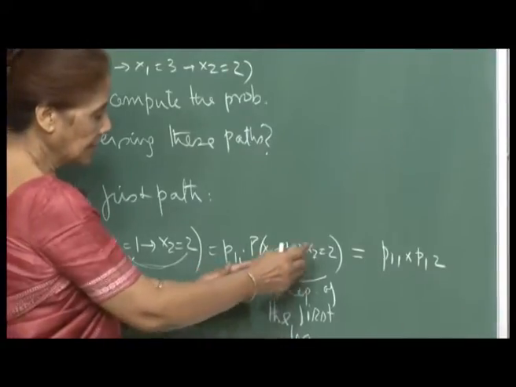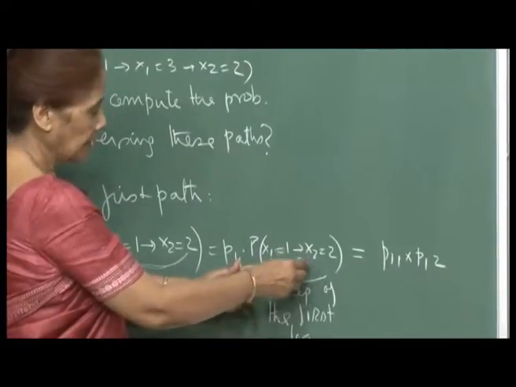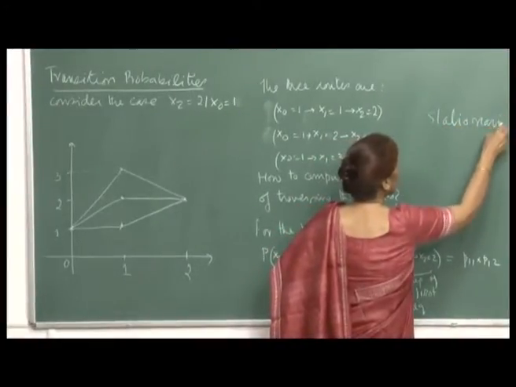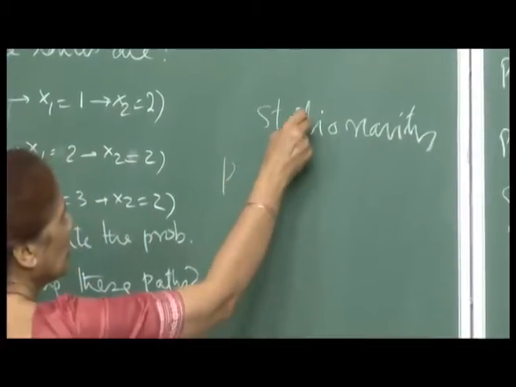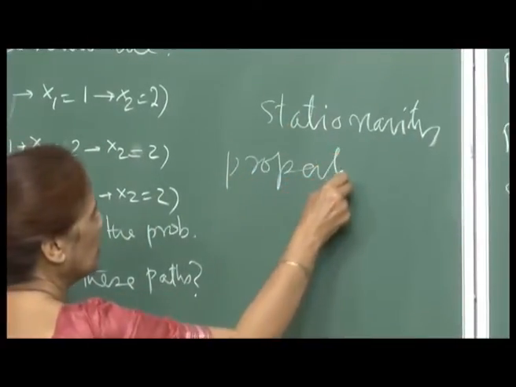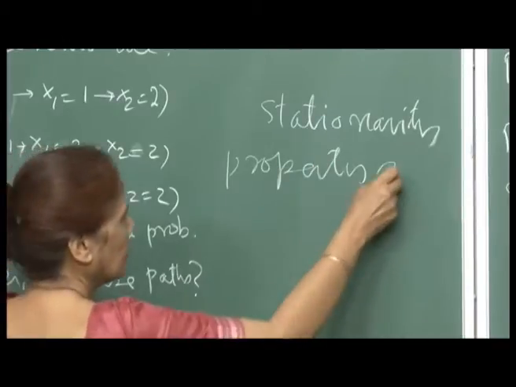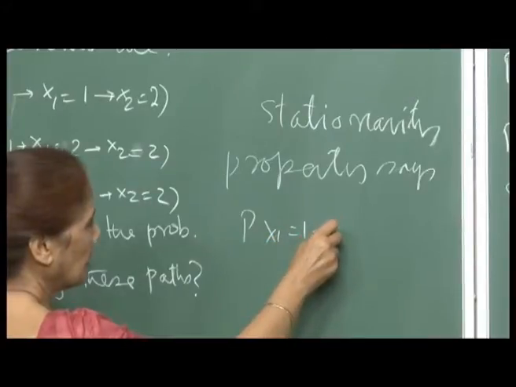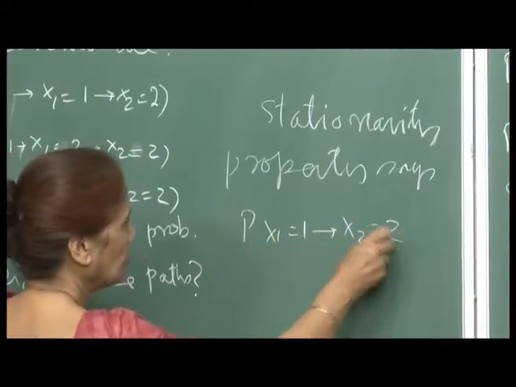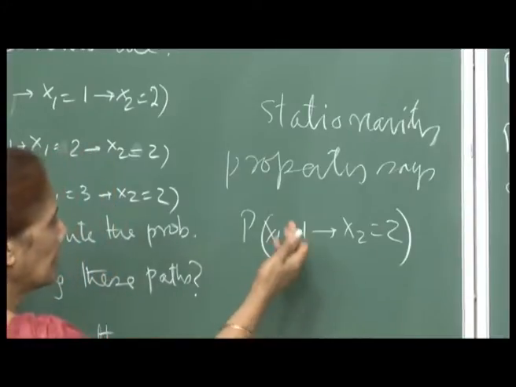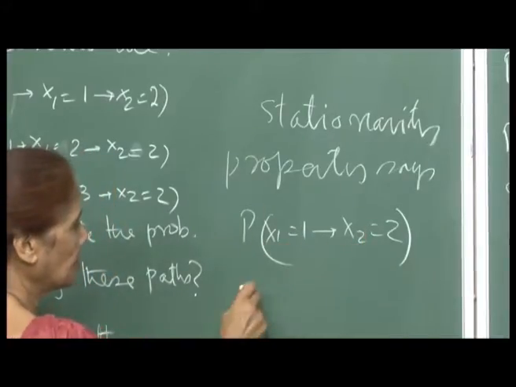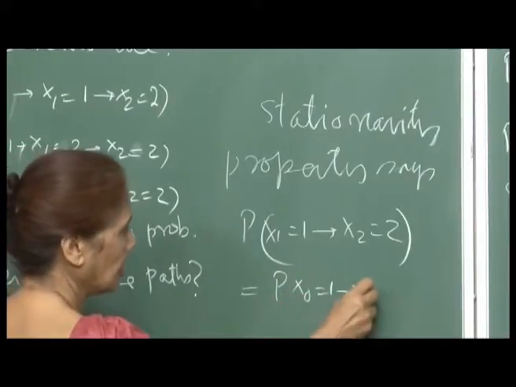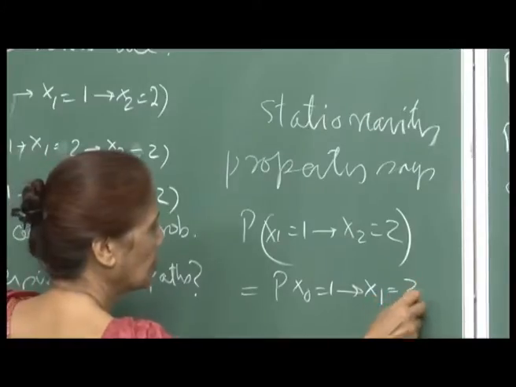So, the 2 are independent, and by our stationarity property, the conditional probability of being in 1 at x1 and transitioning to x2 equal to 2 is the same as the probability of x0 equal to 1 transitioning to x1 equal to 2.